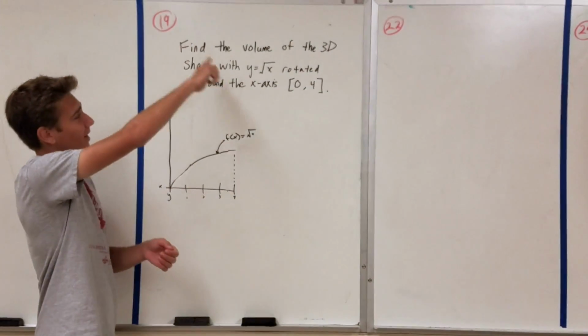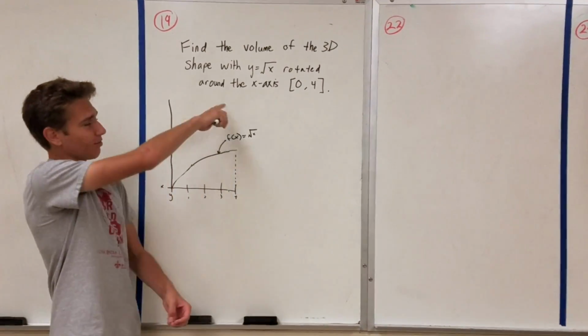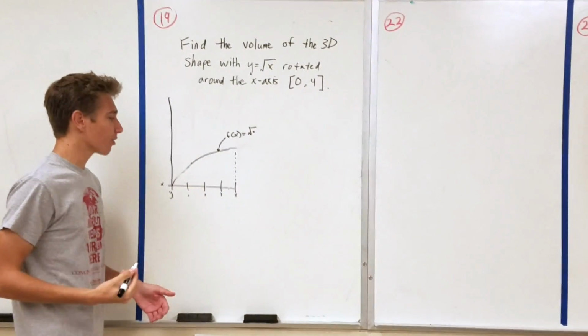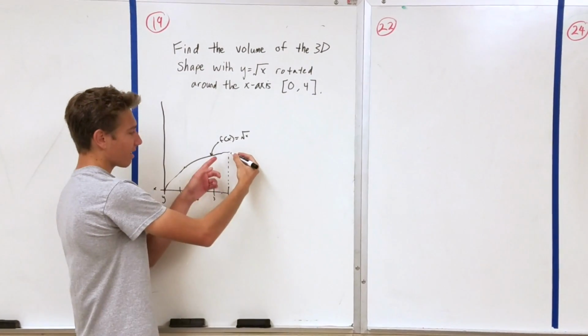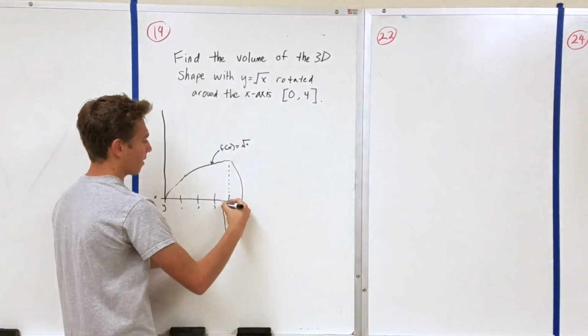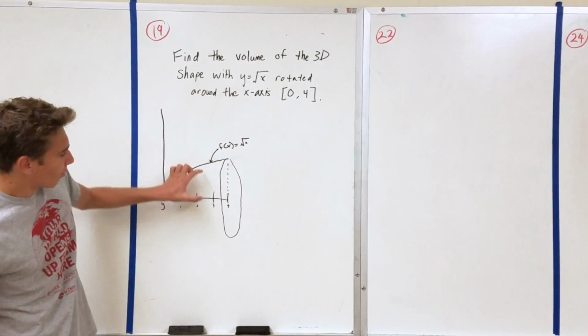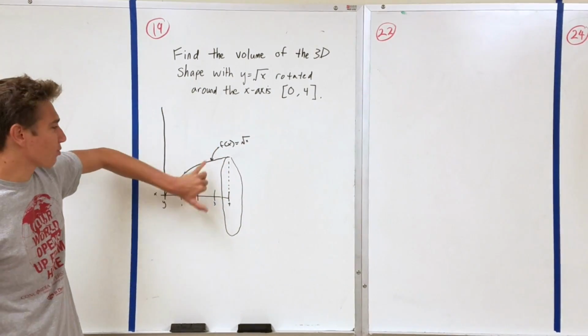Alright, so we're going to find the volume of the 3D shape with y equals radical x rotated around the x-axis. So in other words, what we're going to do is take the function, and when we rotate it, we can actually see it forms a circle, and radical x turns into the radius.